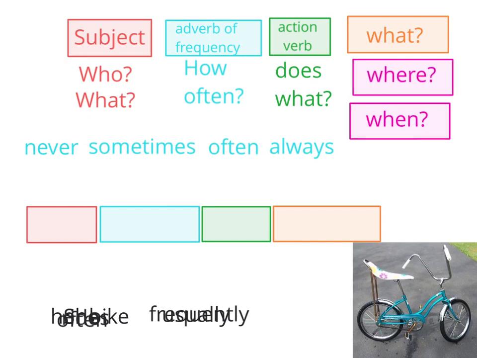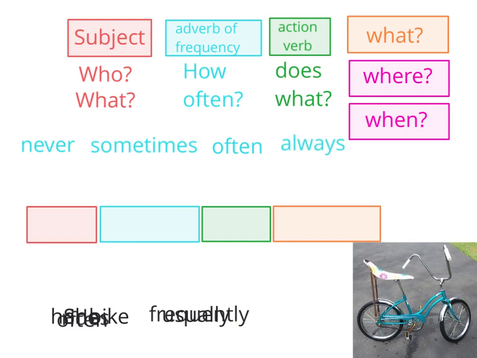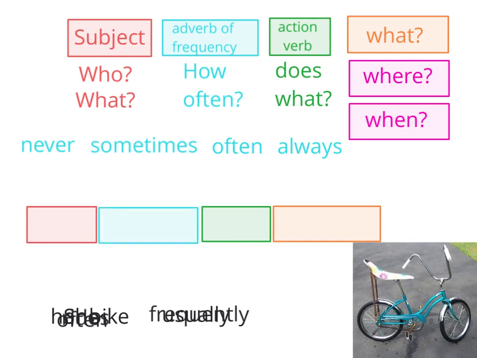We answer the question where and when with a prepositional phrase. How often we do this can be answered with never, sometimes, often, always. In this type of sentence, we put the adverb of frequency right after the subject and before the action verb.